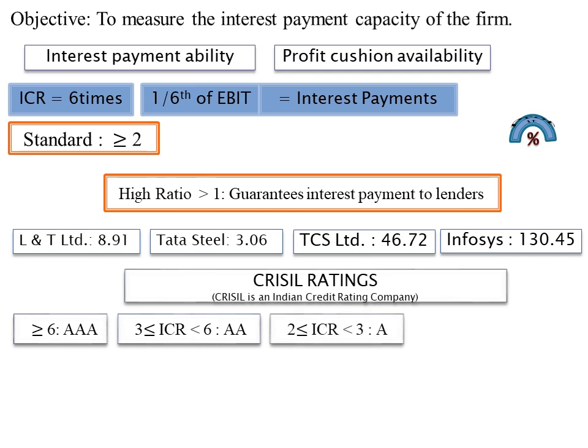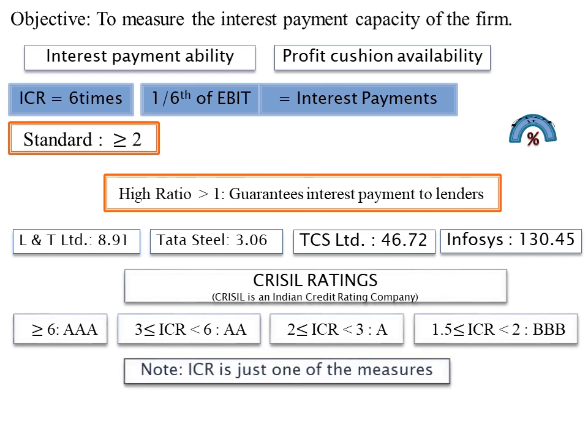And to companies with an interest coverage ratio less than 2 and greater than or equal to 1.5, they assign BBB ratings, and so on. Please keep in mind that it is not necessary that a company with an interest cover above 6 will always get a AAA rating and vice versa, because interest coverage ratio is just one of the measures CRISIL is applying.